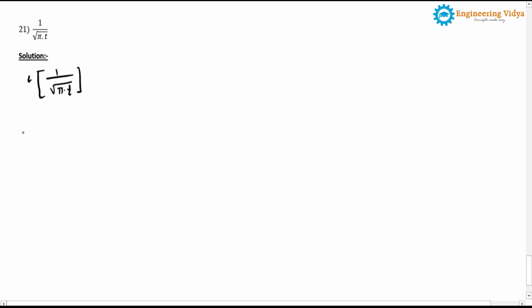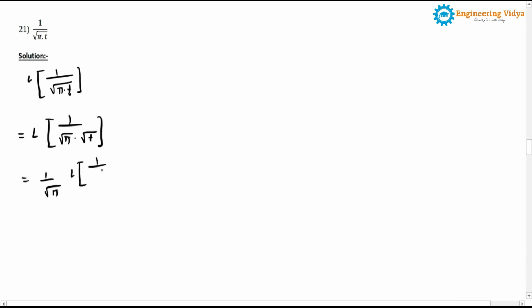So what we can do over here, we need to simplify some of the things. After simplification, here is square root of pi and square root of t, right? And square root of pi is nothing but a constant, so it can be taken outside. So I will take 1 upon square root of pi outside because it is a constant.